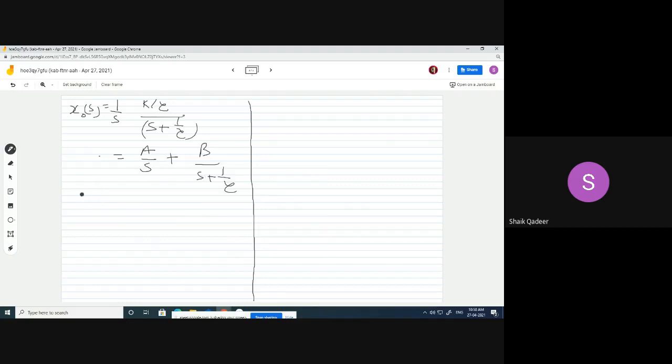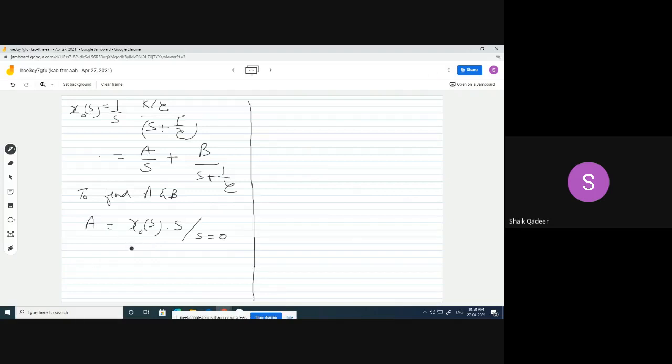To find a and b value, how can we write the equation for a? A is equal to xo of s into s for s is equal to 0.